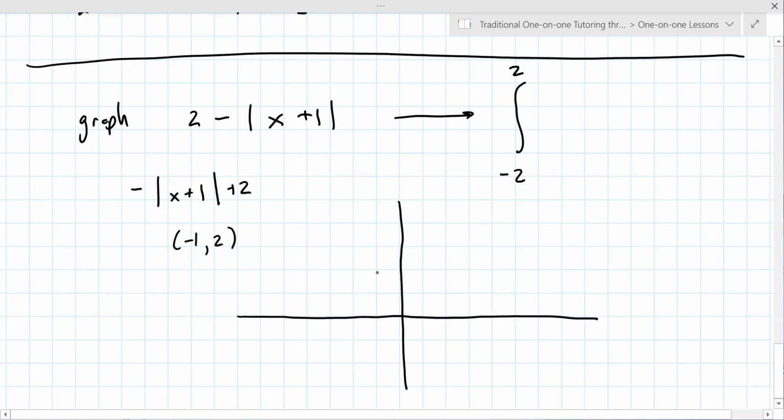Actually, let me change this to 1. So the slope here, because of that negative out in front, tells you the slope of this side, and then it has to V, so it's going to be the other direction there. So here's negative 2, and here's positive 1. Can we find the area between those 2 points?